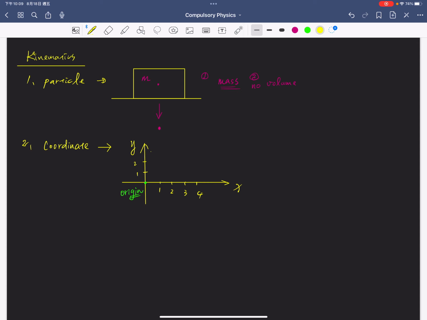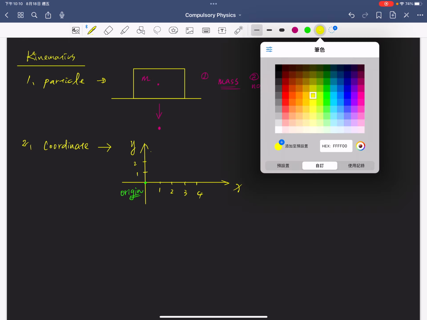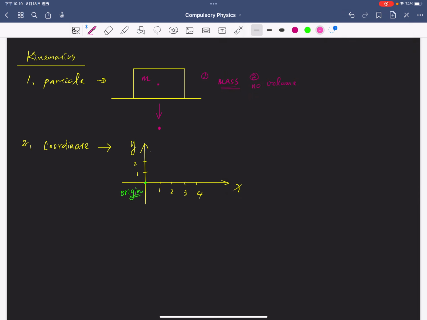If you want to describe the place of the object in these coordinates, for example, this point, I will call it (1, 1). And if we want to name this point, we will call it (4, 2).